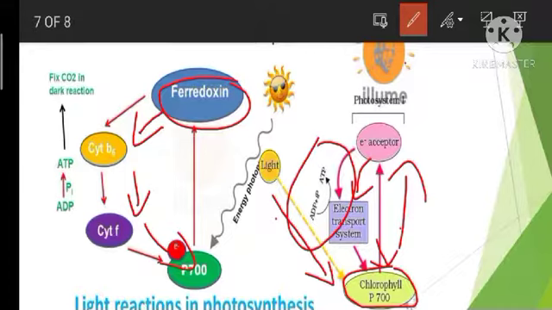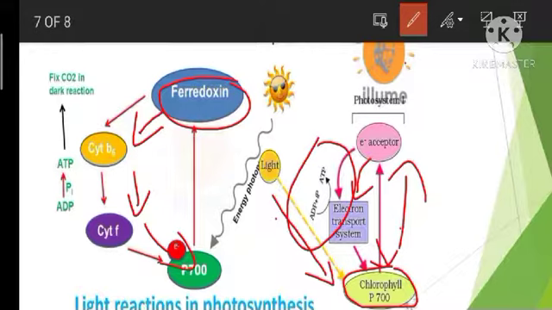Okay. So, as ATP is synthesized, it is called phosphorylation, and as ATP is synthesized in the presence of light, it is photophosphorylation, and ATP is synthesized in a cyclic manner, so it is said to be cyclic photophosphorylation. Okay, so why is it cyclic photophosphorylation?